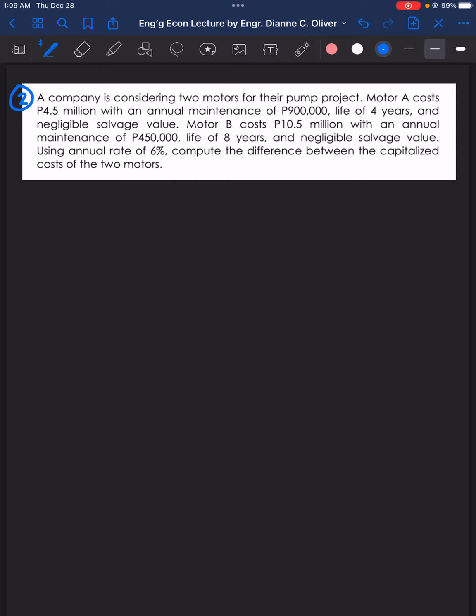So we have 2 motors here and we need to solve for the capitalized cost of each motor. Now for motor A, it has a first cost of 4.5 million pesos. An annual maintenance OM is equal to 900K.